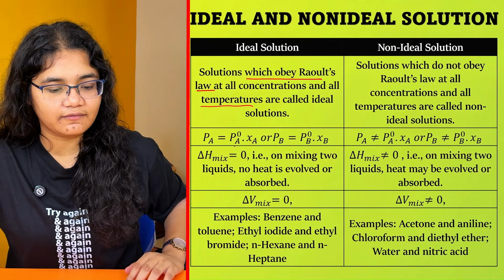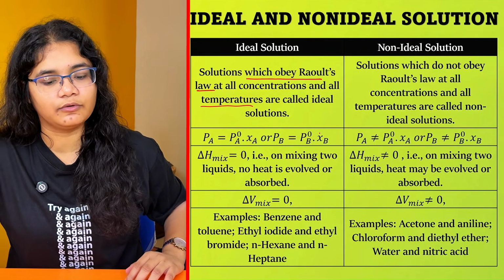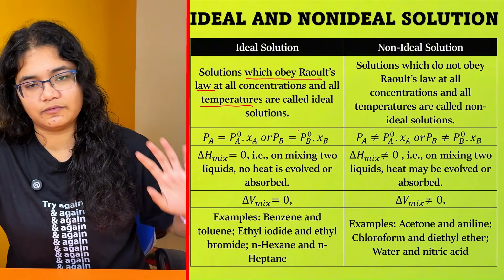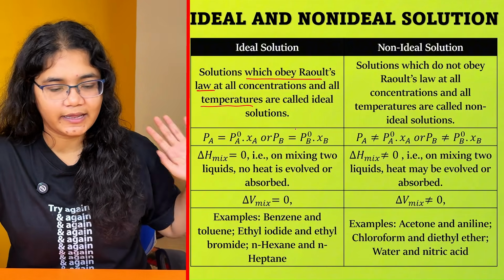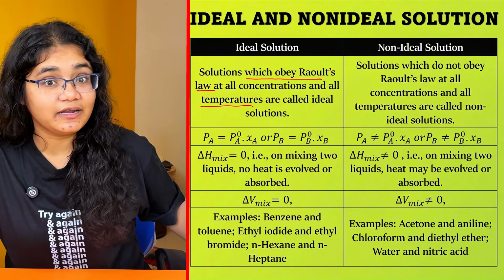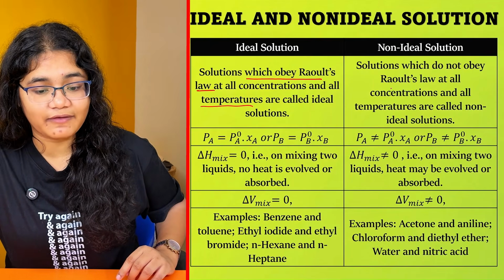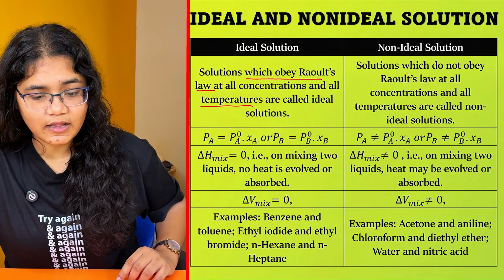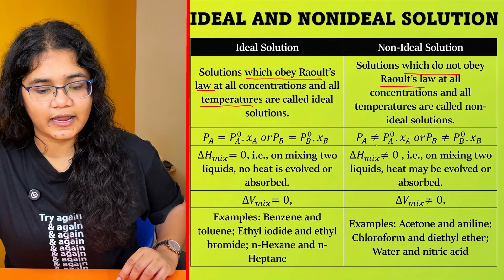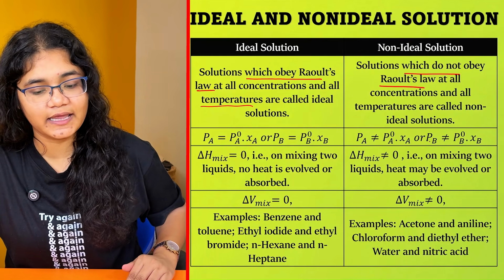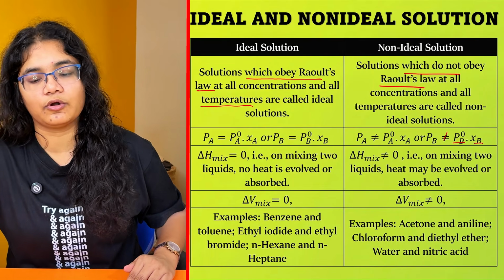So PA will be equal to P naught A XA and PB will be equal to P naught B XB, and the total pressure will be equal to P naught A XA plus P naught B XB. But if it is a non-ideal solution, then the solution does not obey Raoult's law, and PA will not be equal to P naught A XA and PB will not be equal to P naught B XB.